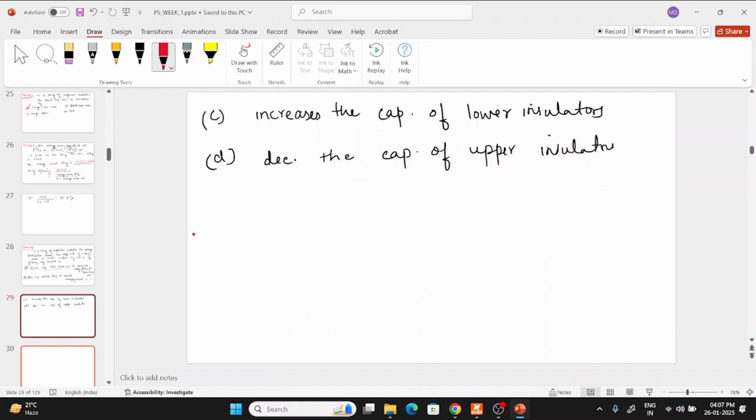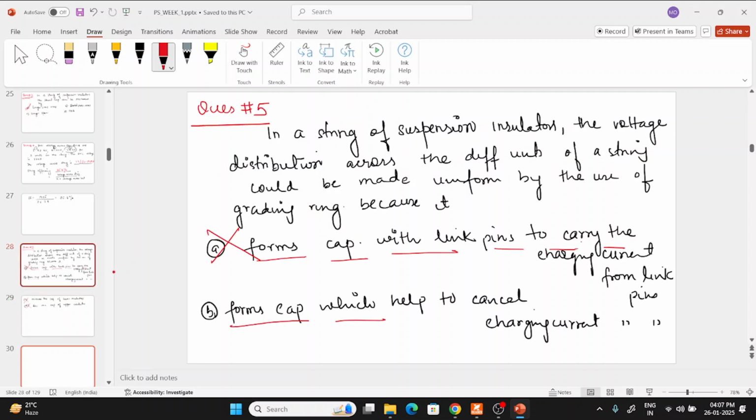Increases the capacitance of lower insulator? No, because the capacitance of the lower one is increased, but that is done by different techniques, not by this. Decrease, we cannot. So basically, the main thing is it forms the capacitance which will help to cancel the charging current.